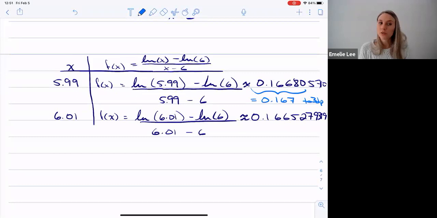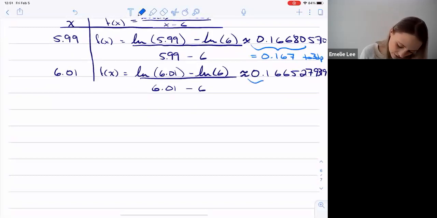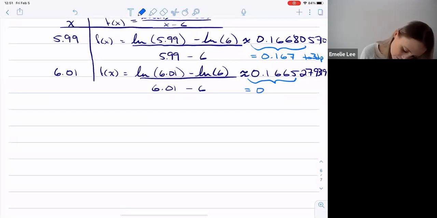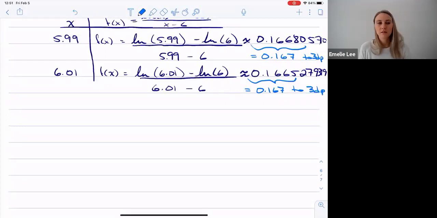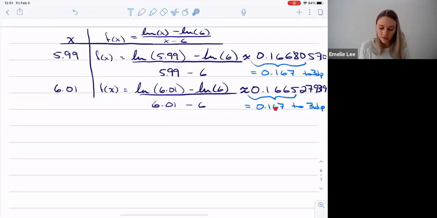You don't average them, but you do look at 3 decimal places. This is going to be 0.167 to 3 decimal places, and that's the same. If they didn't round to the same value, you would have to do more values closer to 6.